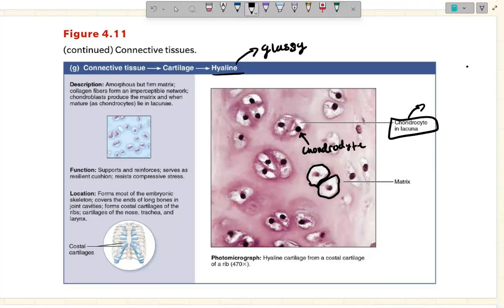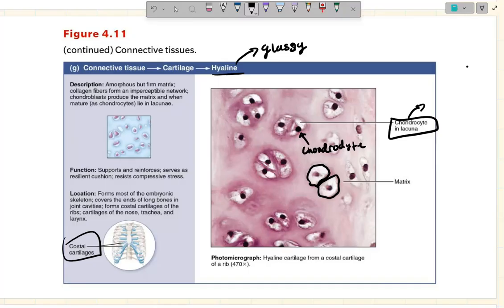Chondrocyte. And then the little white space here, so all this extra white space, is the lacunae. But this gives it a very recognizable look under the microscope. So you see all of these cells in these little white pockets. Hyaline cartilage is going to be in areas like connecting the chest bone to the rib cage.